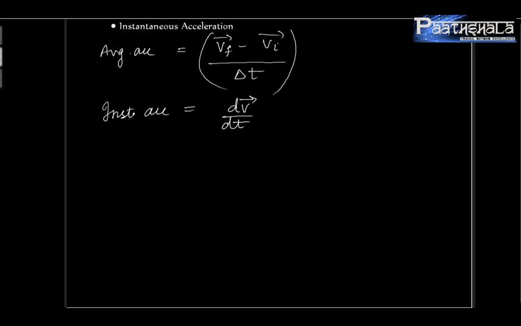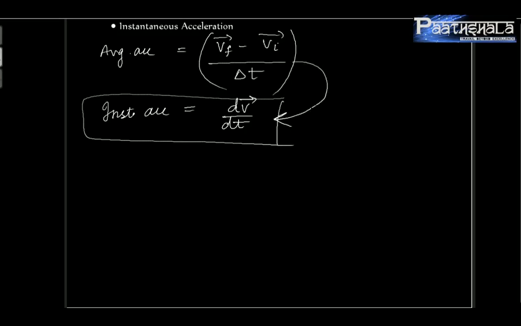Later we are going to see graphs and see explicitly how average acceleration and instantaneous acceleration look graphically. So here you just need to note right now that instantaneous acceleration is dv by dt, whereas average acceleration is actual change in velocity upon change in time interval. When this change in time interval is very small, this ratio is automatically converted into the derivative of the velocity time graph at that point, and that is the instantaneous acceleration.